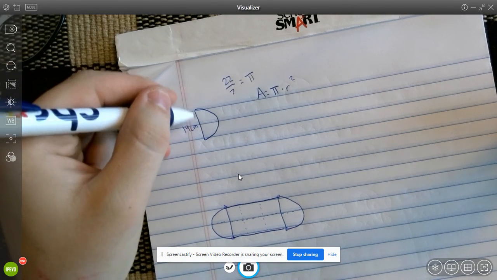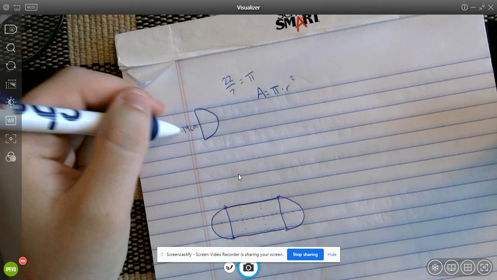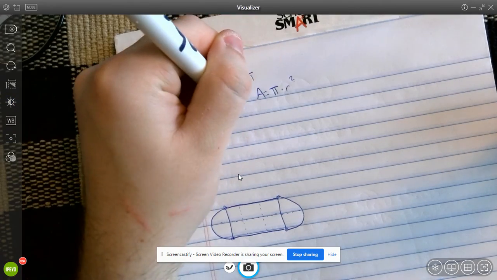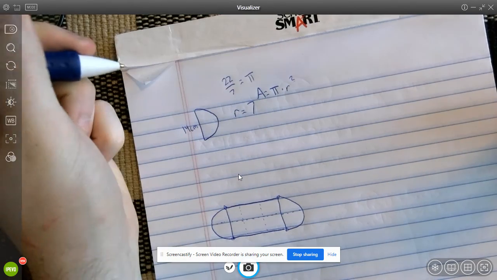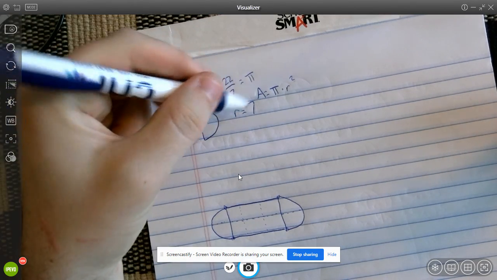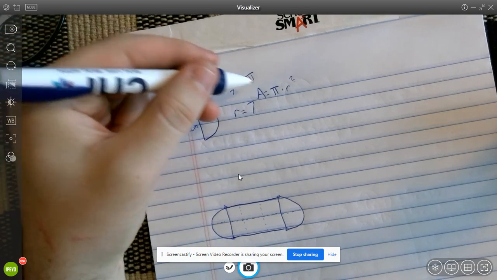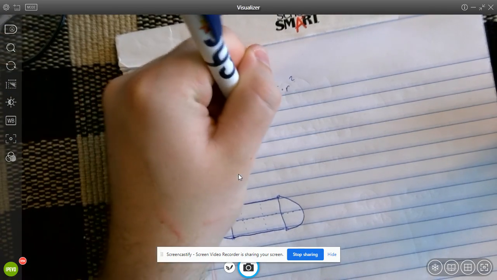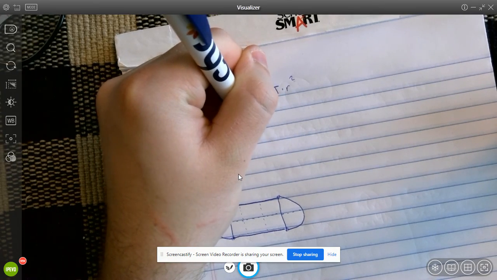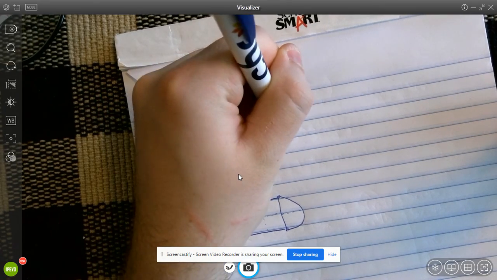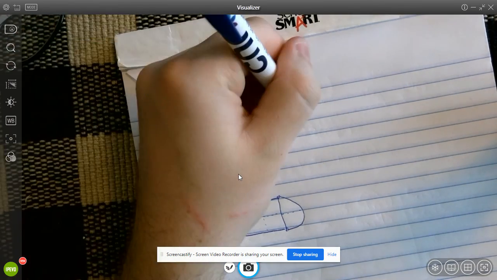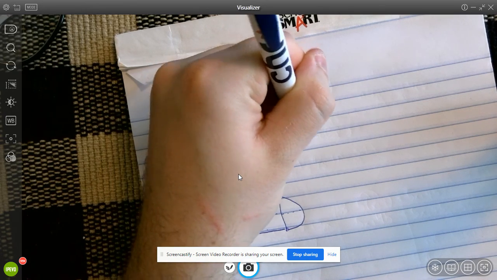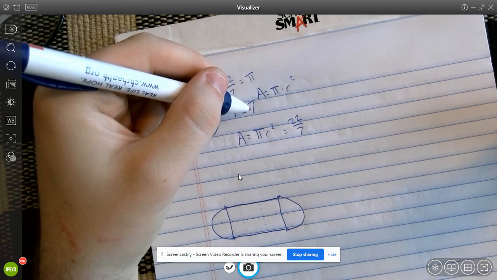Well, if you look at this, we know that the radius is equal to half of the diameter. Therefore, in this problem, our radius is equal to 7. So now we're just going to plug in the numbers that we have. We have pi, which is 22/7. So our area will be equal to pi r squared. Pi is 22/7. And r is 7.